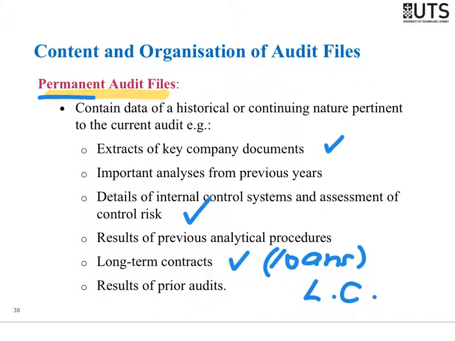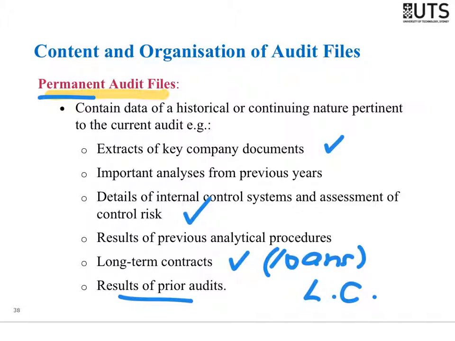Loan covenants, because remember, loan covenants is a really big risk area for us, okay? So we want to have the loan contracts so we can be mindful of the loan covenants related to them. Results of prior audits as well. We usually keep record of all the previous audit reports that we've given to the client also. Again, key notion, greater than 1 year, okay? You're going to be able to refer to it for more than one audit.